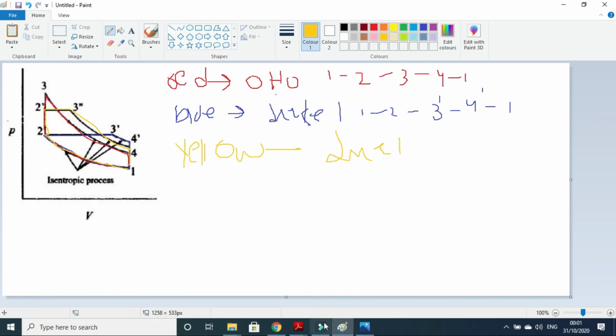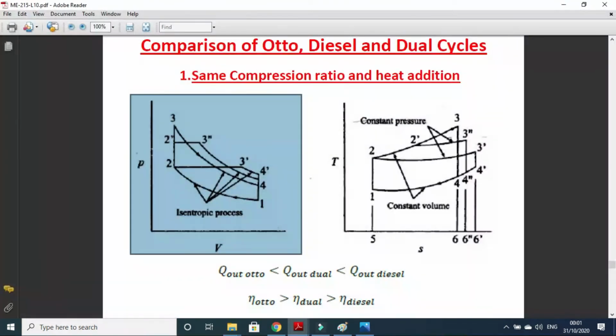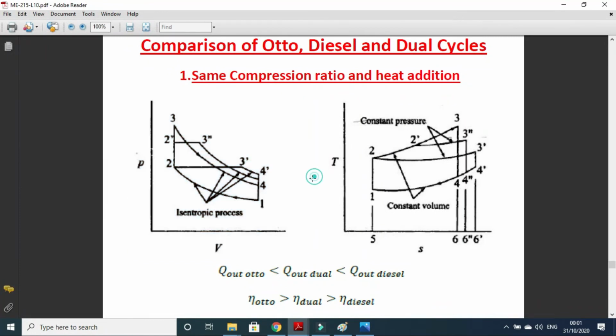So now you can see that in one figure all the three cycles are represented, and for all the cycles 1 to 2 is same, and volumes V1 and V2 are same. So it means that all the three cycles have same compression ratio. Now let's look at the TS diagram. 1 to 2, 2 to 3, 3 to 4.